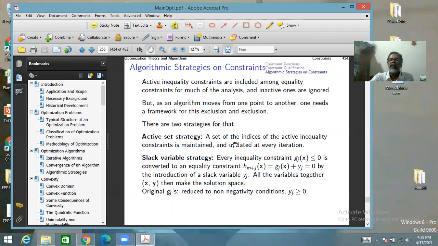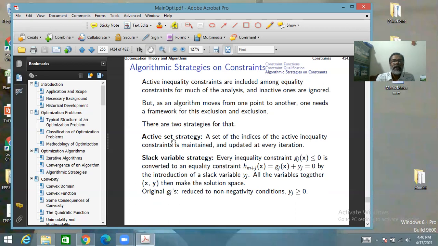Then you take one step and go to another point where 3 is no more active, so you make it 1, 7, 9. But then you notice that 6 has become active, so you make it 1, 6, 7, 9. This way, from one point to another, you keep updating this little set called the active set, which is a set of indices of the active constraints, and consult that for doing most of the business.